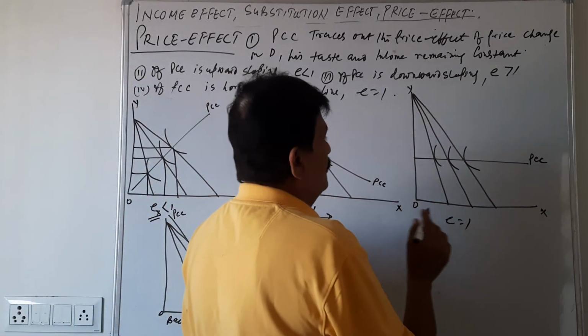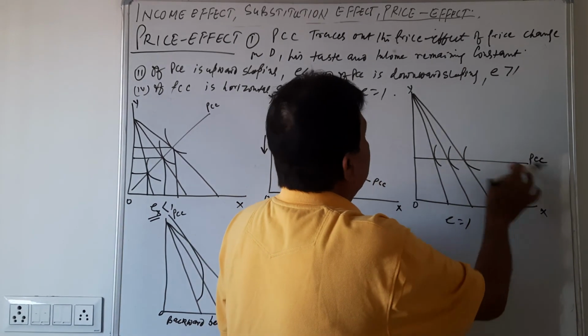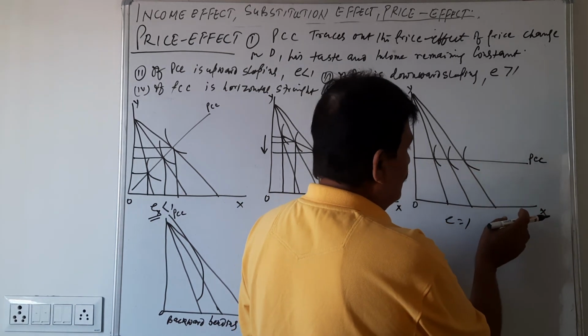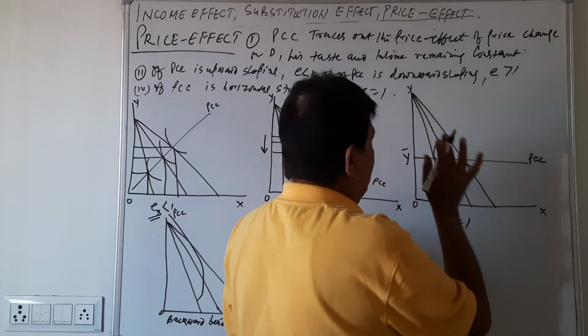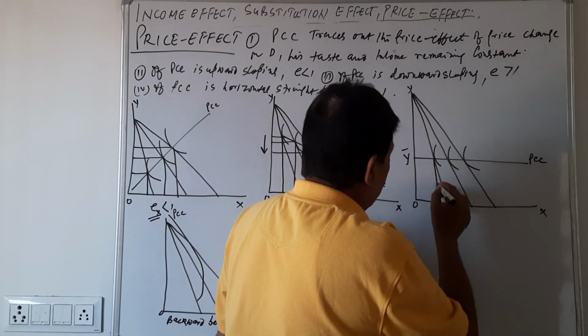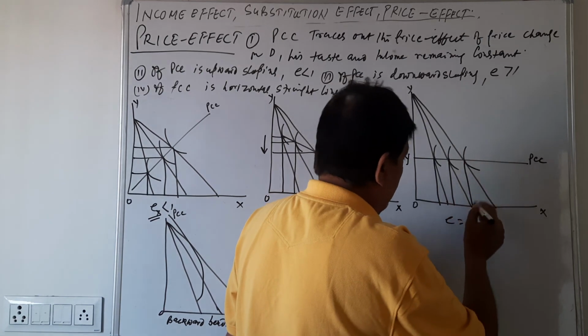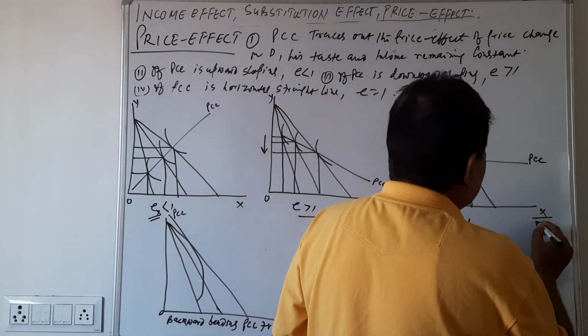In this case, when the price of X has reduced, PCC becomes a horizontal straight line. This explains that due to the fall in the price of X, the purchase of commodity Y remains constant, and only due to the fall in the price of X, in the same proportion, that is, in the proportion the price has reduced, the consumption of X has increased.